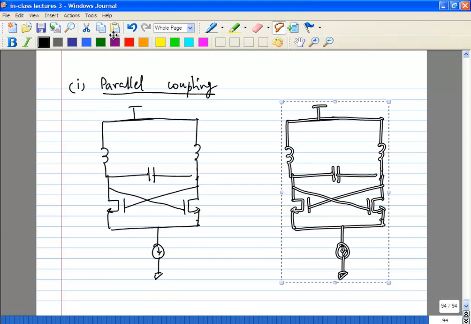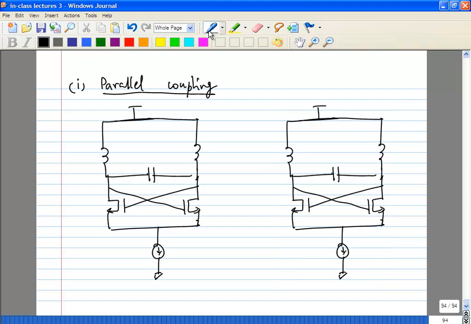So we have two identical oscillators. Okay, what we are going to do is create something like this. We had the original oscillator, and we are creating two more sets of input ports.